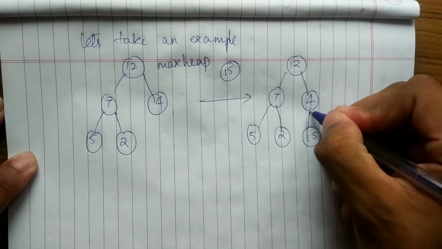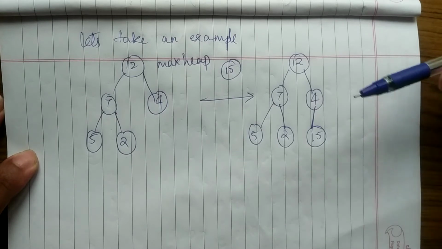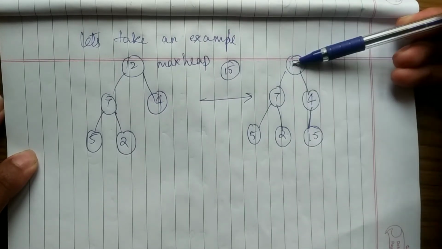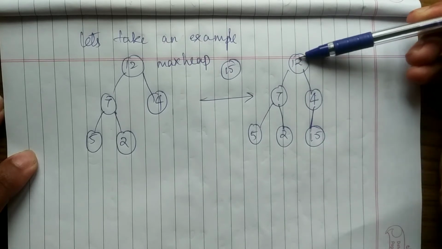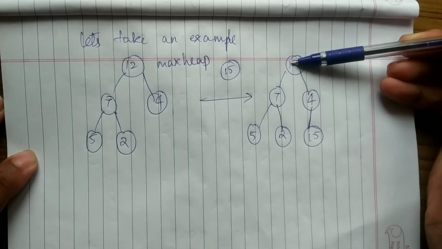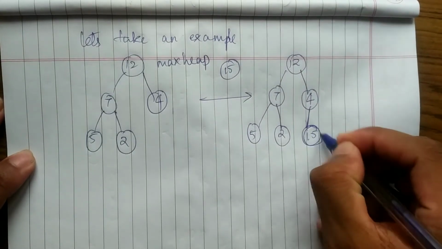Right. Now we can see that this doesn't follow the max heap properties, as 15 is greater than 12, but in the max heap the largest element should be here and all its children should be smaller than it. So what will we do now? We should heapify this node.